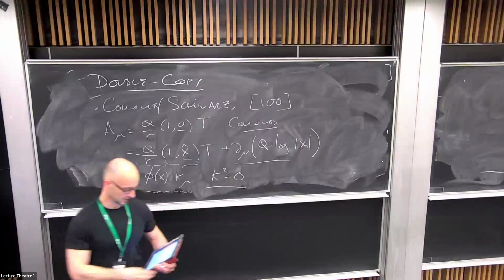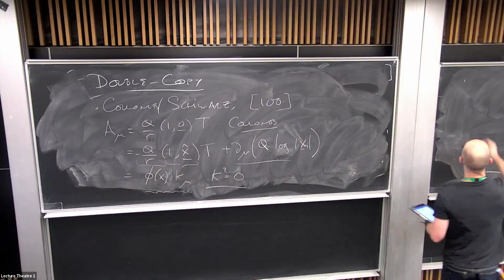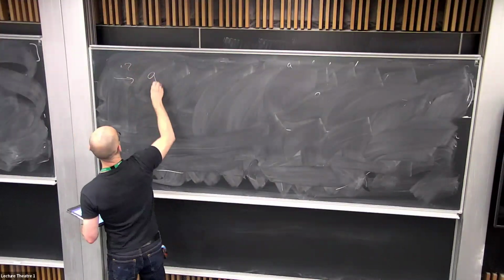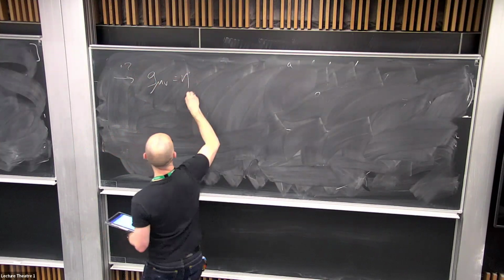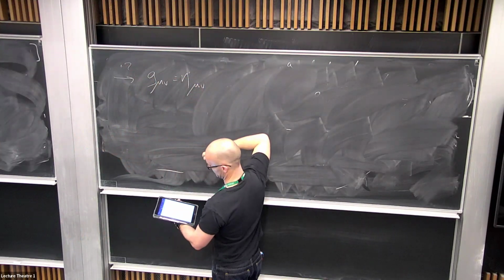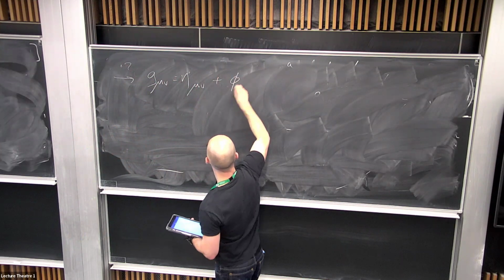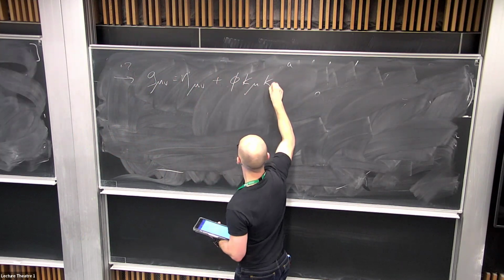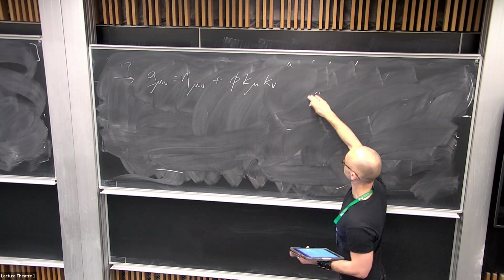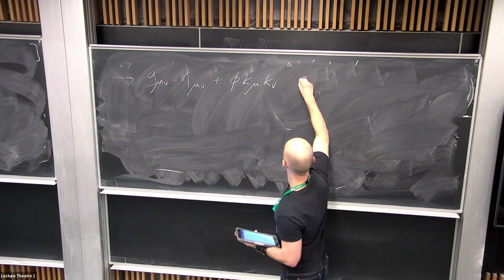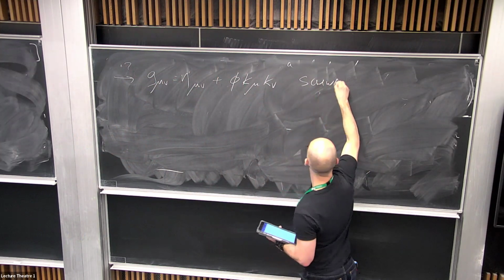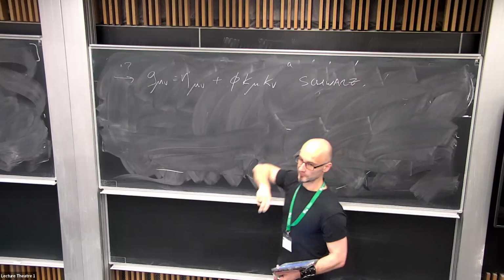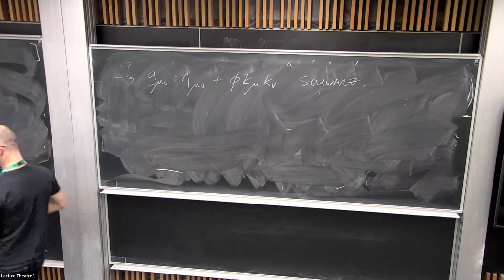So the obvious thing: just write down a metric where you take that same phi field and two copies of that vector. Okay. And of course that is known to be Schwarzschild in some particular coordinates.